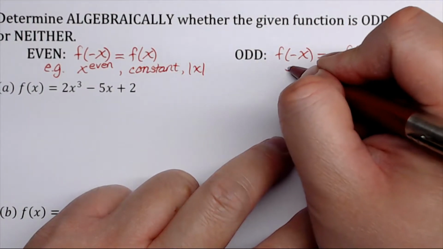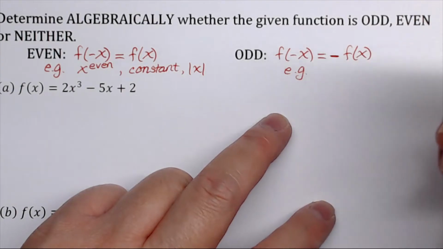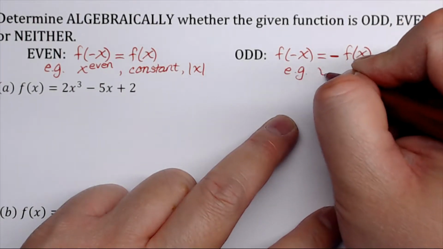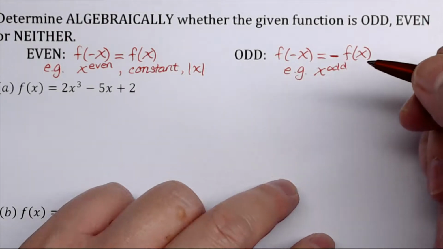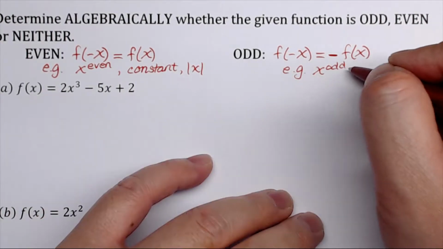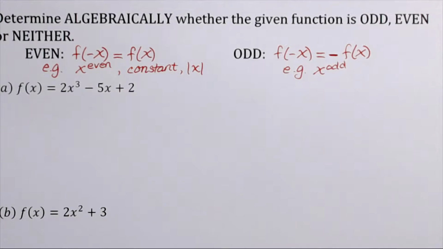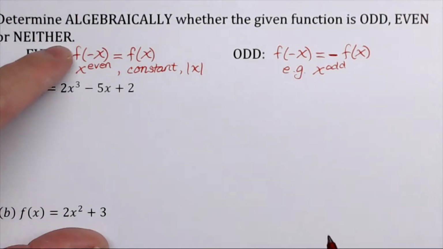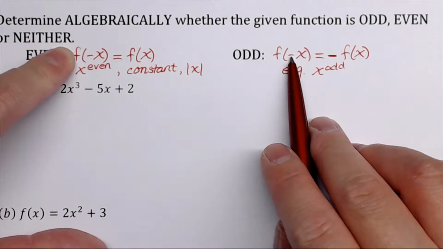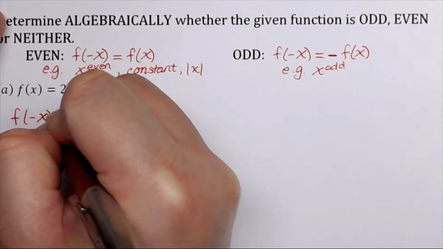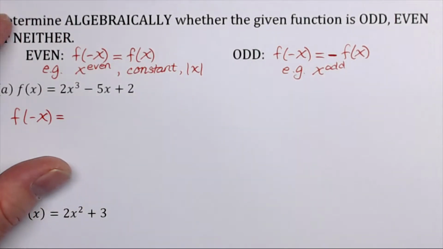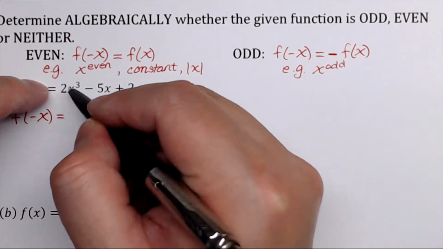Examples of an odd function, there's not much. We just have x to an odd power, and an odd root of x, but that will be enough. Right. Now we use the definition to do this. The definition always starts with f of negative x, and that's where we start. First, I will put negative x into x.